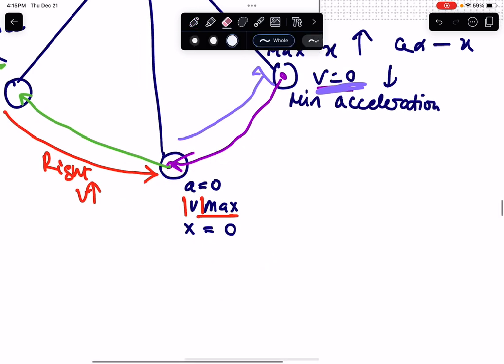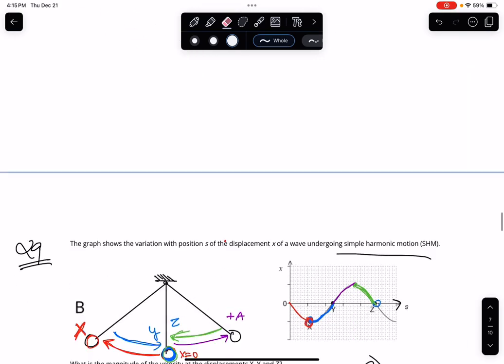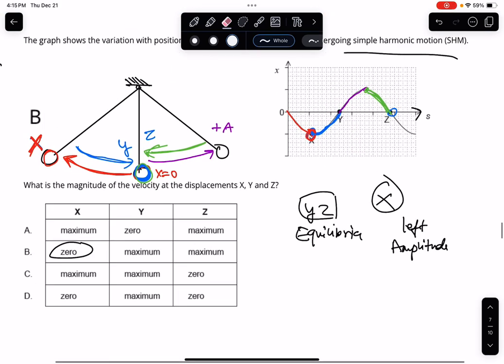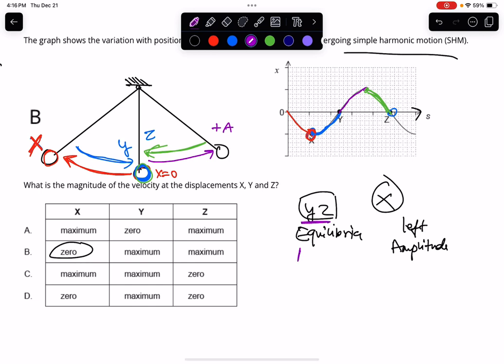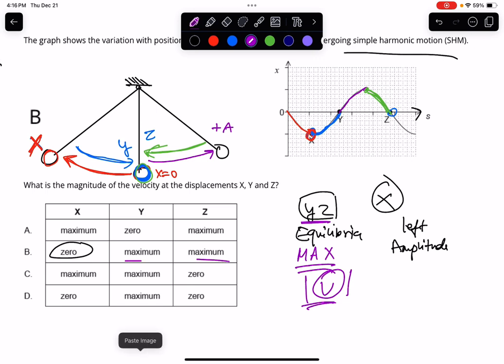Okay, so that's why when you look at X and Z, then Y and Z, in this case Y and Z must have the maximum velocity, and this is the absolute value of maximum velocity. So therefore Y and Z are going to be maximum, and the answer will be B.